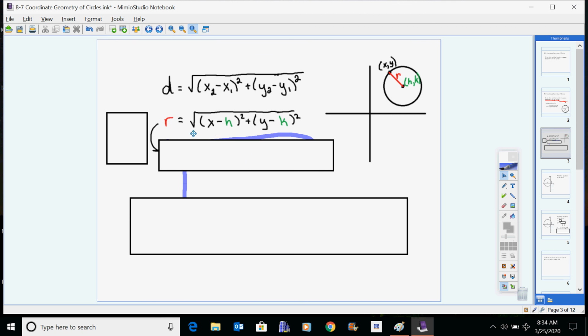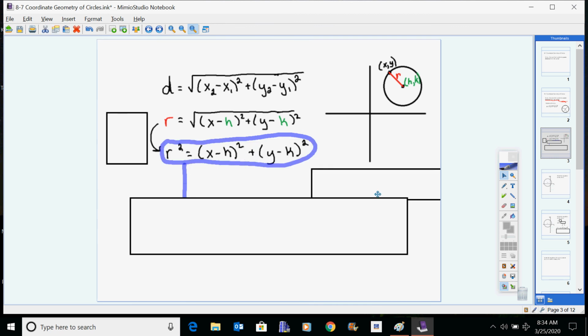In order to make this into an equation that's most usable, you can square both sides to get rid of this square root sign. And now it really looks like a squared plus b squared equals c squared.